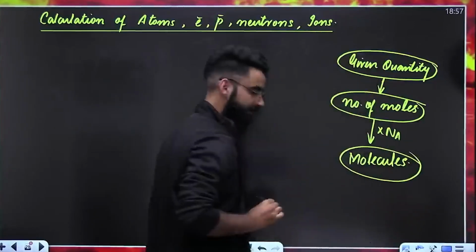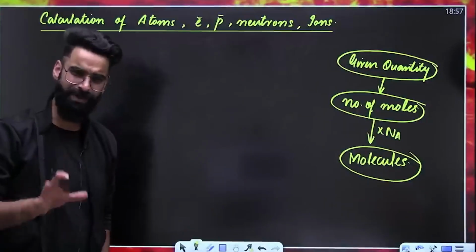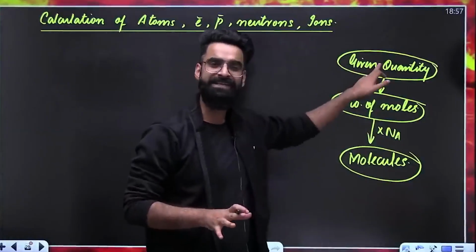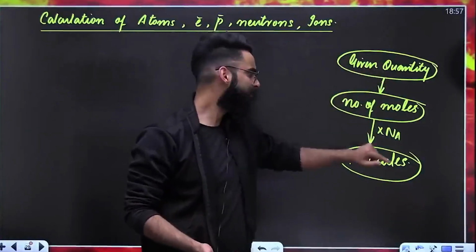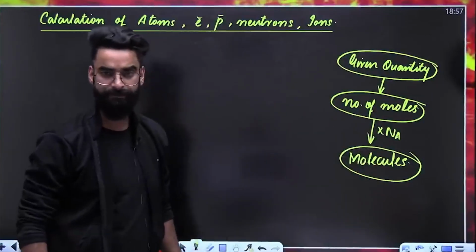You'll get the idea in some time. First of all, remember, if the given substance is in molecular form, then on multiplying moles by Avogadro's number, you'll be getting the molecules.